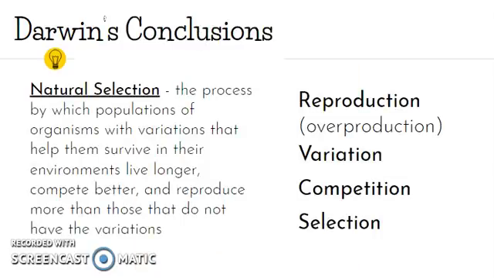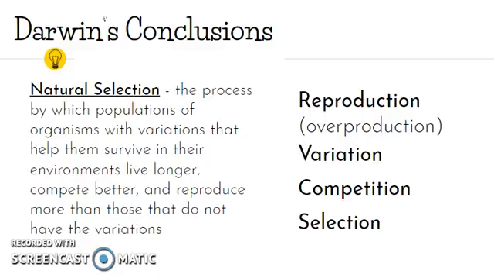And natural selection is the process where populations of organisms that have variations or differences that help them survive in their environment live longer, they compete better, they reproduce more than those that don't have the desired variation. And this happens through a process that involves reproduction, variation, competition, and selection.